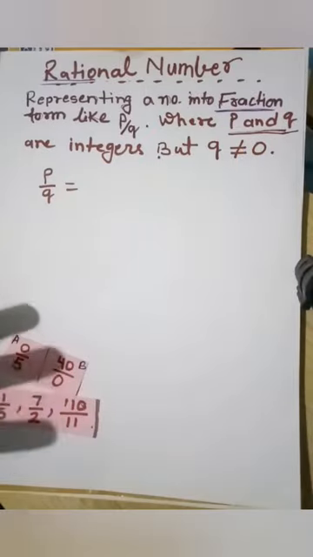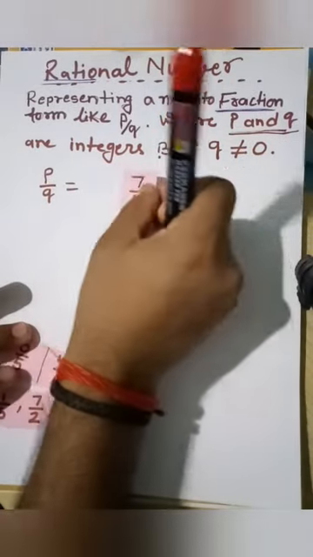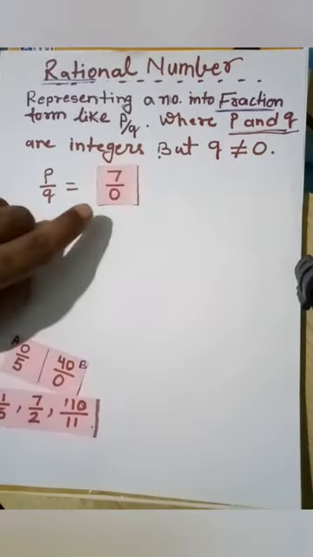So q, our denominator, should not be equal to 0.